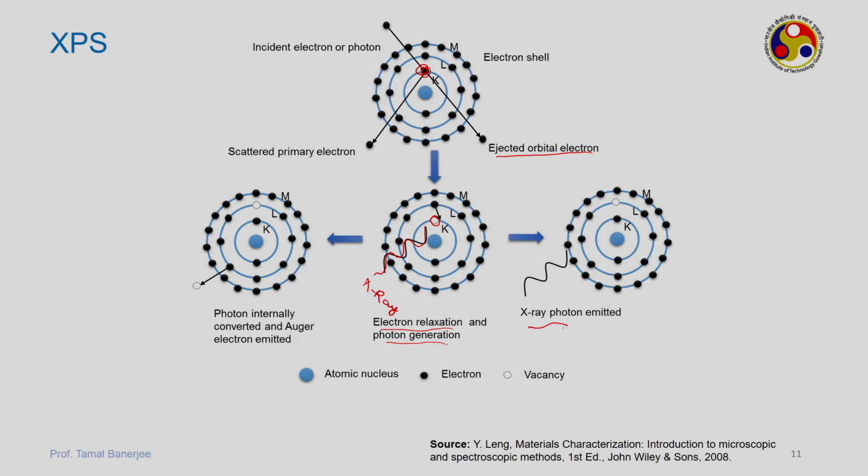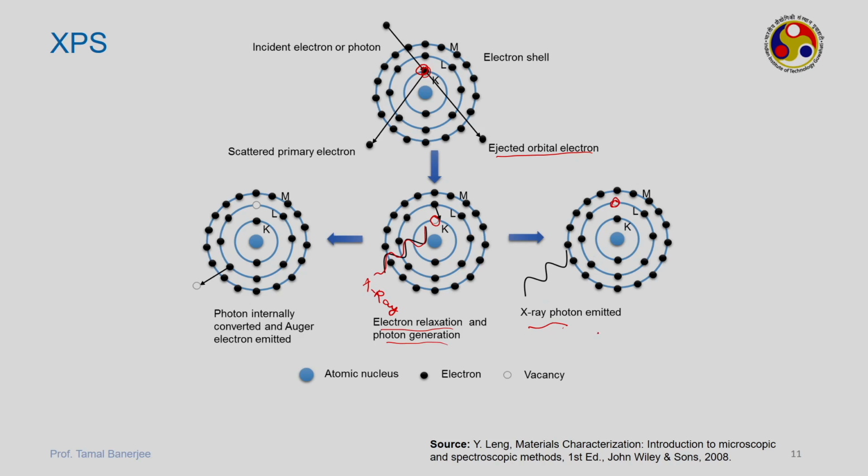When this X-ray photon is emitted, this electron will be vacated and there will be a vacancy. Again, this process keeps on going, say, until an electron from the M shell occupies the L shell, and it keeps happening until the entire system is in equilibrium.